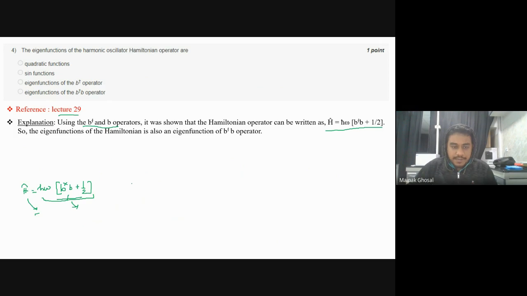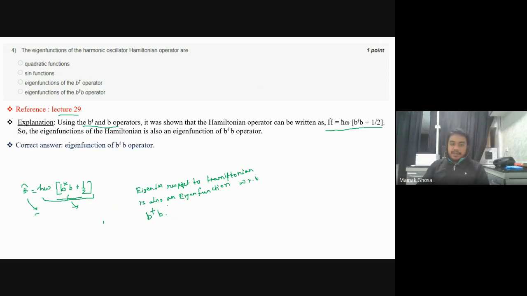So the eigenfunction with respect to the Hamiltonian is also an eigenfunction with respect to B dagger B, right? So you have got your answer.